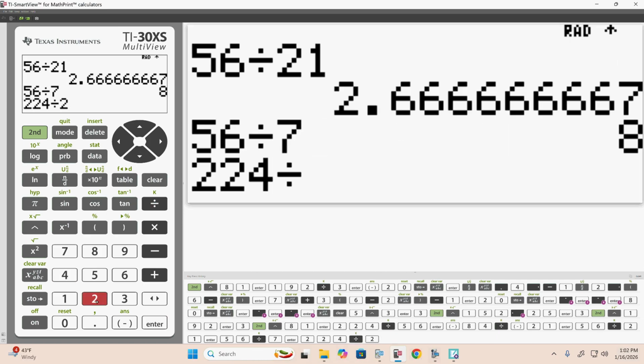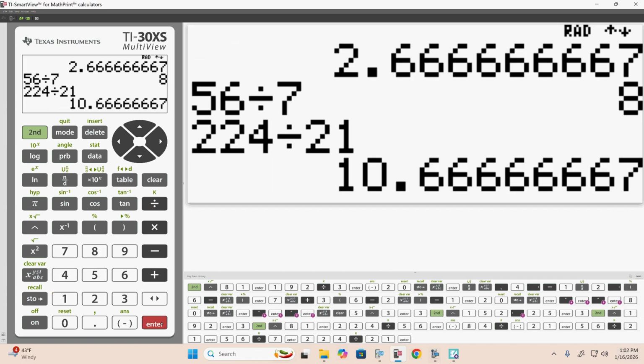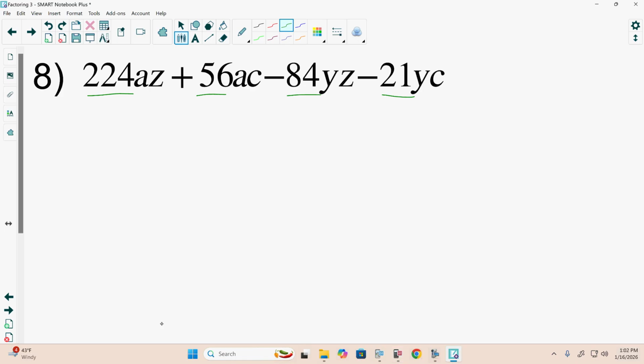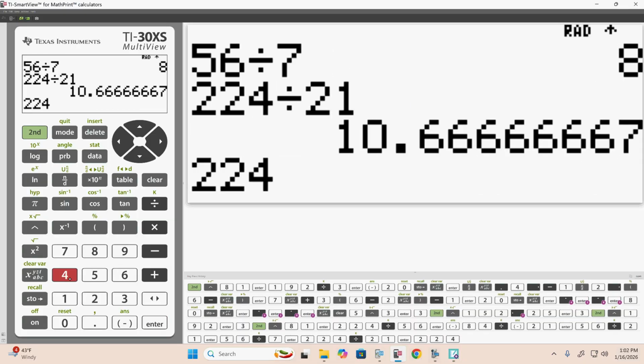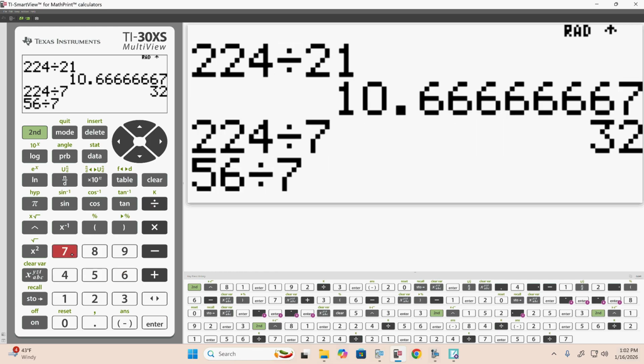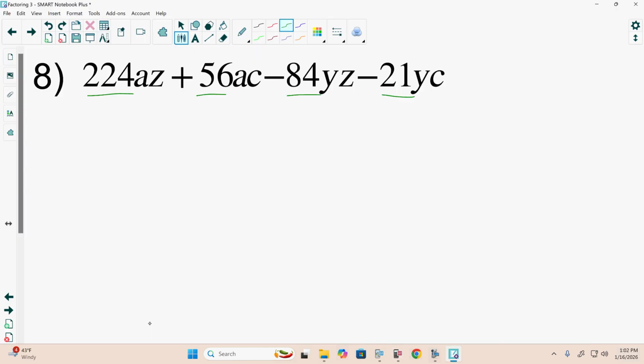224 divided by 21 is, okay. We know 21 doesn't work. What's another factor of 21? 7. Well, that's promising. 56 was the next number, yes? 8. 84.